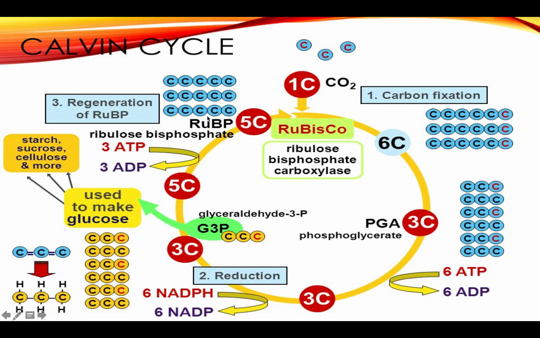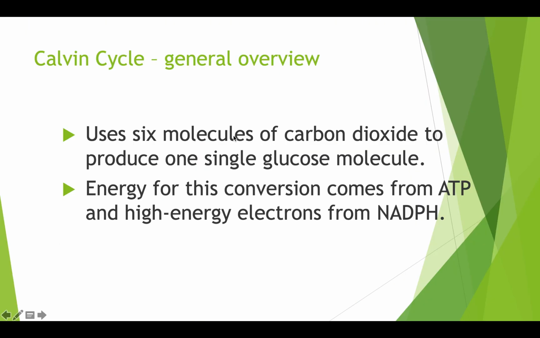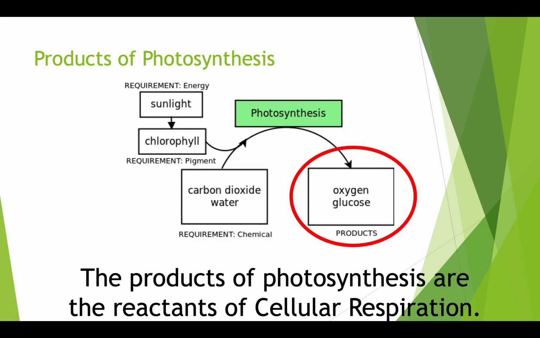Ribulose biphosphate adds in that 1 carbon dioxide, carbon fixation, then we start this whole process over again. So the Calvin cycle uses 6 molecules of carbon dioxide to produce 1 single glucose molecule. Energy from this conversion comes from ATP and high energy electrons from NADPH.